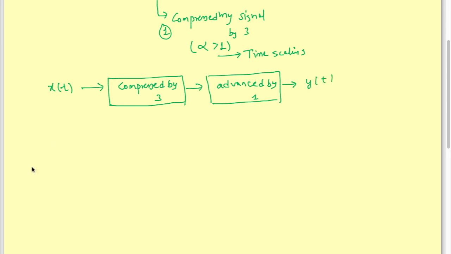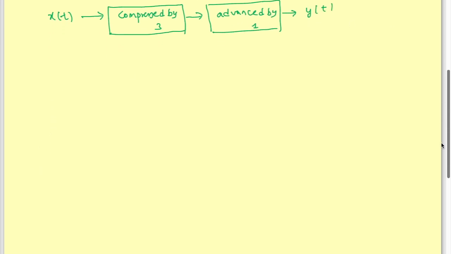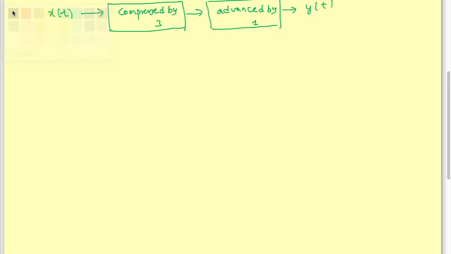My x of t looks something like this. It is from -1 to 3. This is x of t.